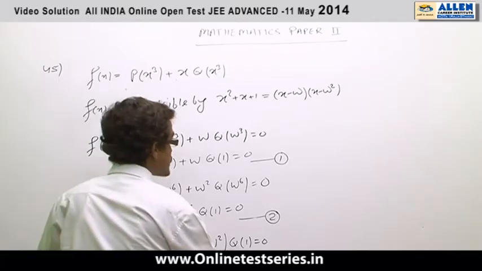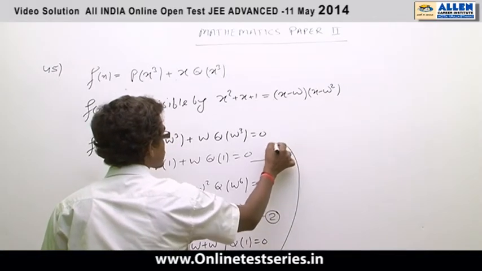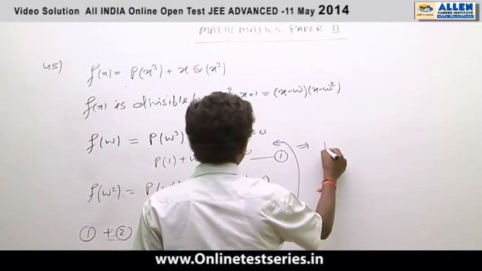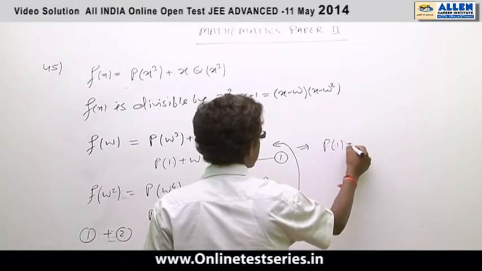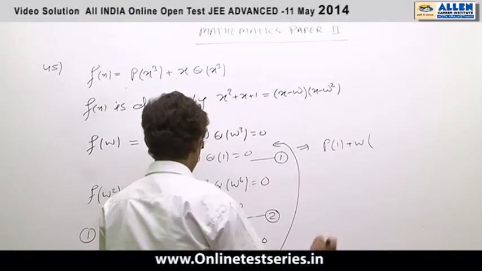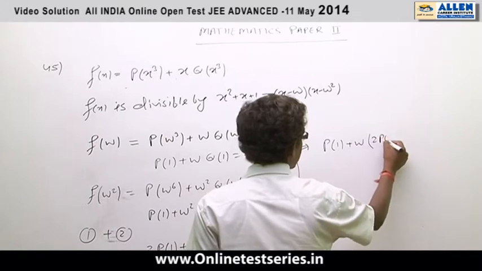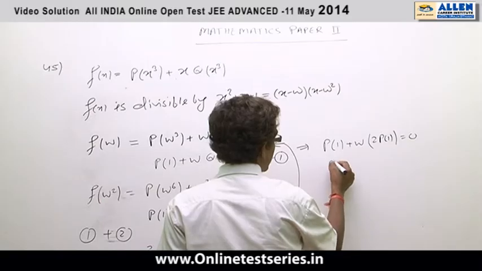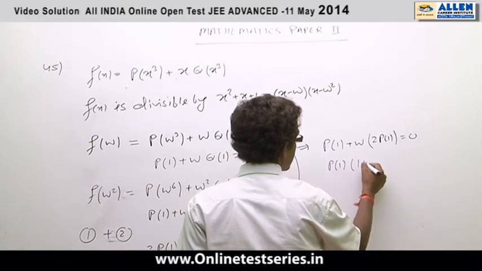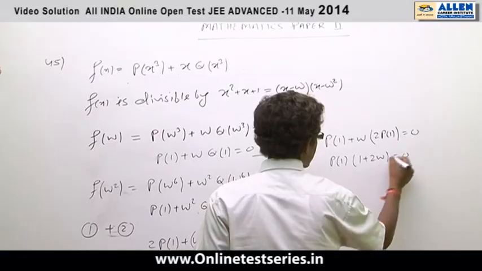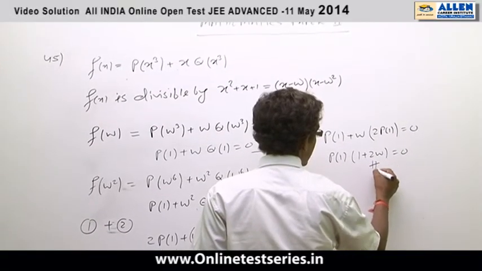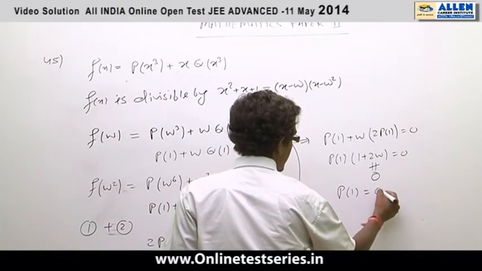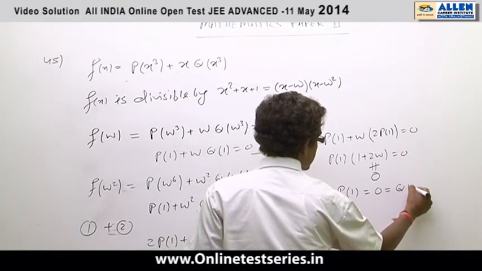If we replace this result in equation 1, this becomes p(1) plus omega times twice p(1) equals 0, and from this p(1) into (1 plus 2 omega) equals 0. We know that 1 plus 2 omega cannot be equal to 0, that's why p(1) is equal to 0, as well as q(1) equals 0.